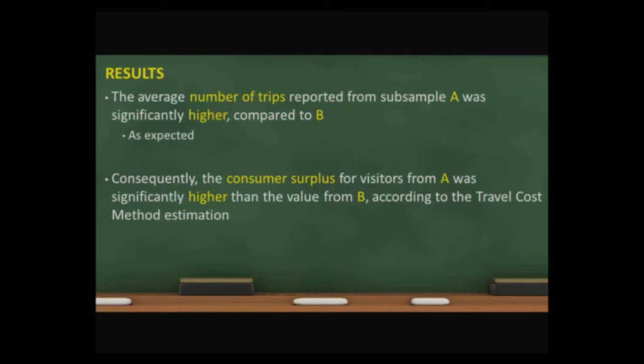If we use this data to get the consumer surplus of the recreational value of those visitors to the zoo, we get a different result. If we use people from A, the consumer surplus is much higher than if we use people from B. So this is manipulable, and we show an instance where it's very clear that people could realize the incentive, and enough individuals seem to follow it to force a different decision from what would have happened otherwise.